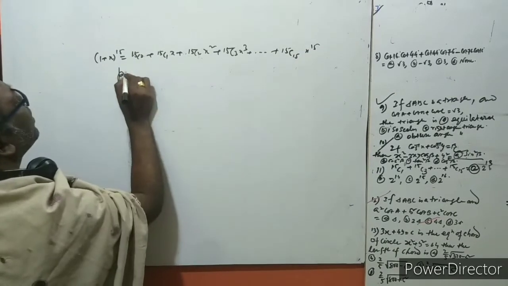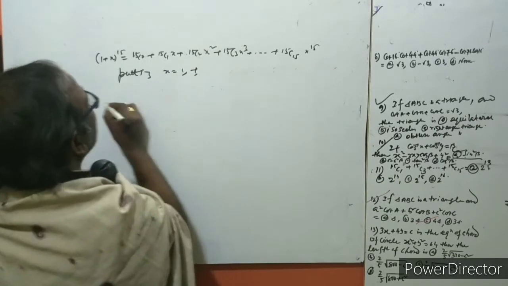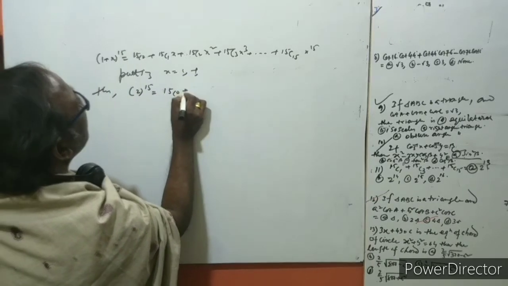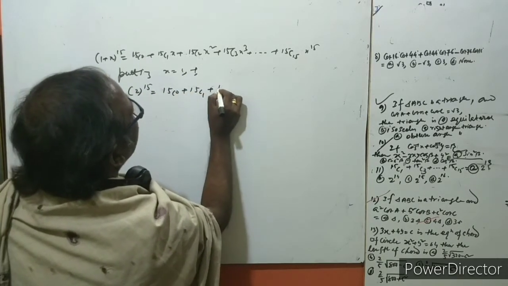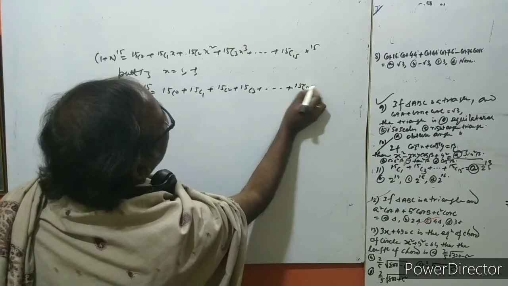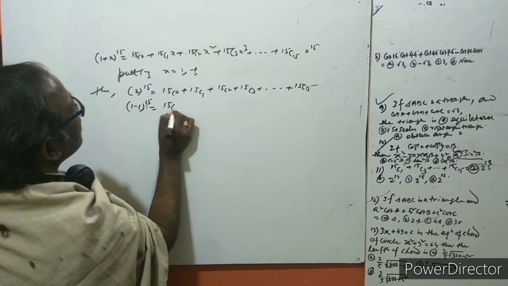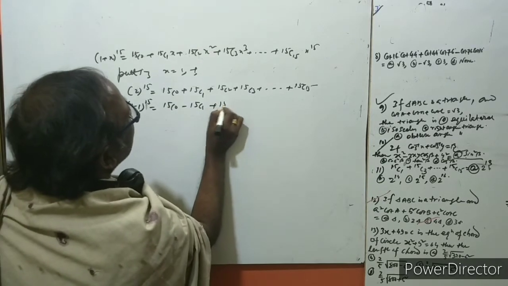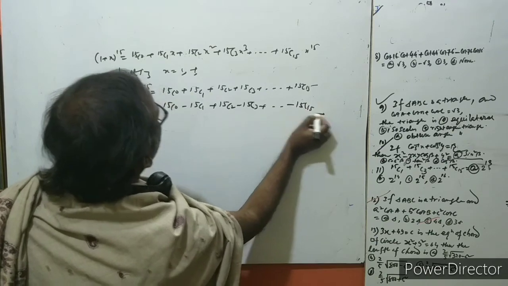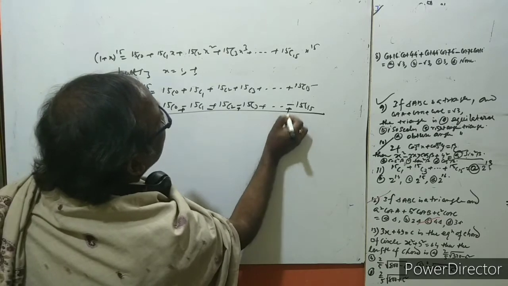Putting x equal to 1 and minus 1, we get 2 to the power 15 equals 15C0 plus 15C1 plus 15C2 plus 15C3 and so on plus 15C15. And for minus 1 to the power 15, this is 15C0 minus 15C1 plus 15C2 minus 15C3 and so on minus 15C15. We subtract this, and then we get our required result.